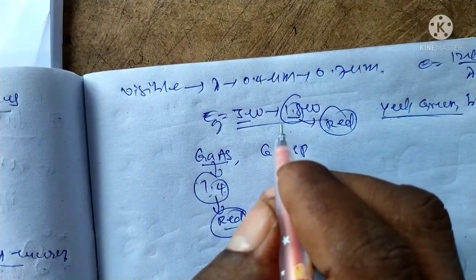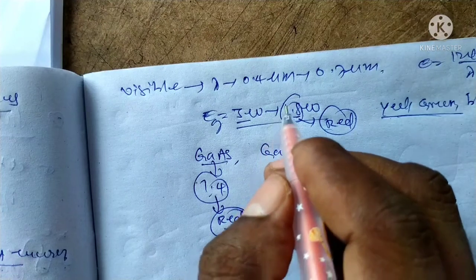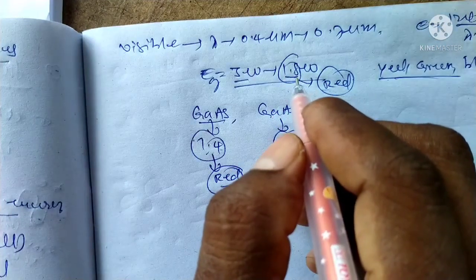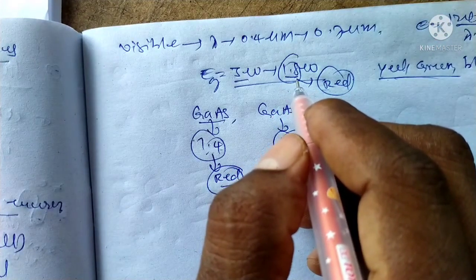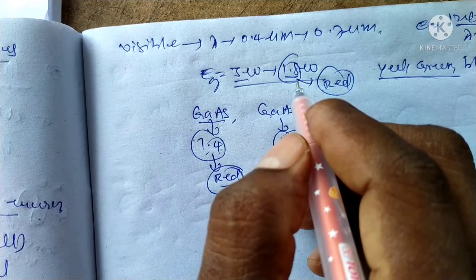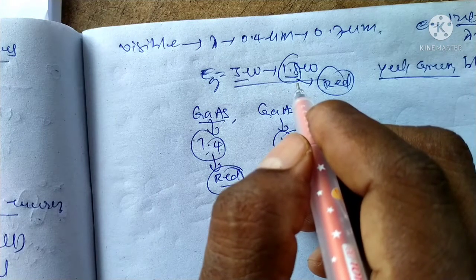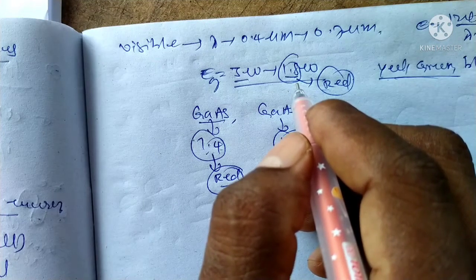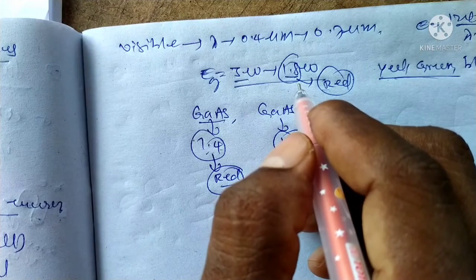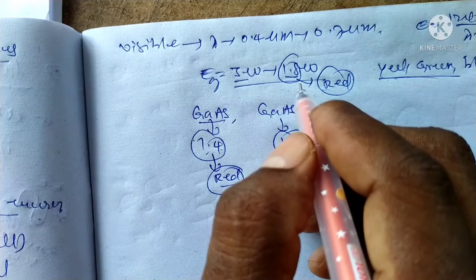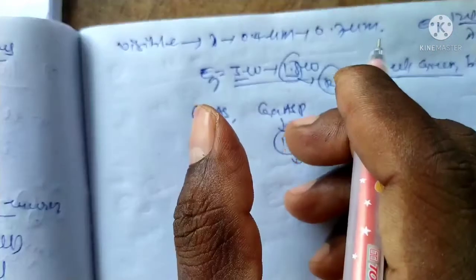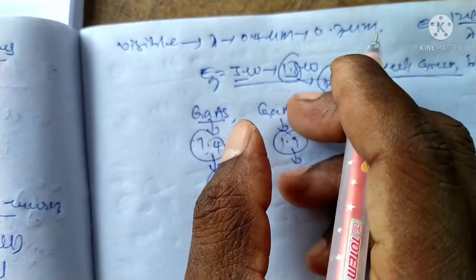These LEDs are used in remote controls, burglar alarms and optical communication systems, in discos or pubs, in theaters, and in bulbs. LED bulbs are also there, you can observe the light.